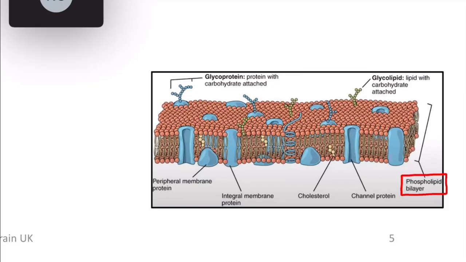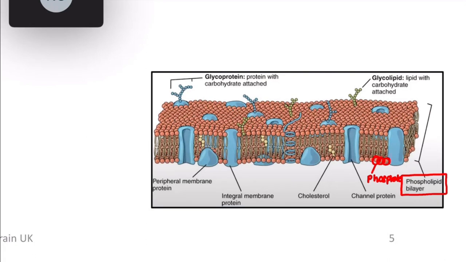If you think back to biological molecules, phospholipids have a structure with two fatty acids, a phosphate group, and a glycerol. That's the structure of a phospholipid. And remember, the phosphate group is hydrophilic, which means it can interact with water. These circles over here are representing the phosphate group that can interact with water.